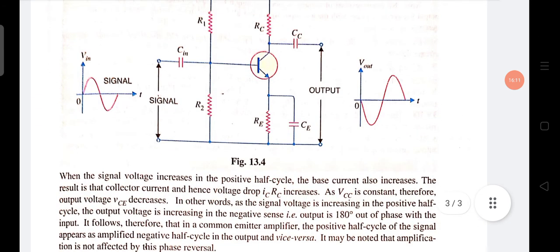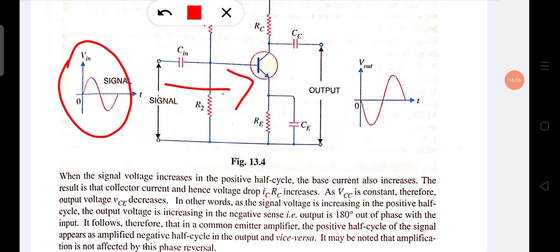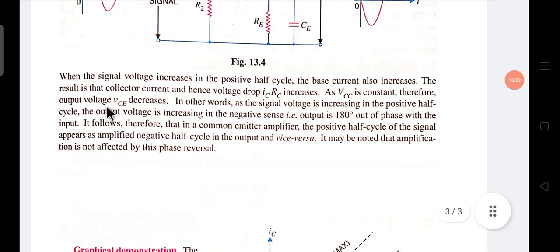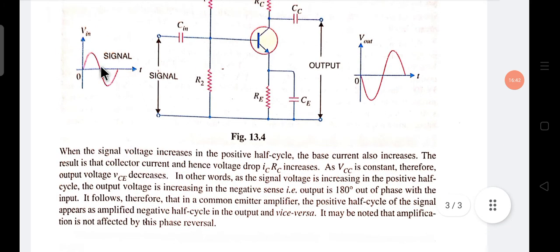Here you see, whenever we feed this common emitter biasing circuit, we get a 180 degree phase shifted output. So remember, in a common emitter amplifier, the 180 degree phase shift, or phase reversal, is there. Now when the signal voltage increases in the positive half cycle, the base current also increases.